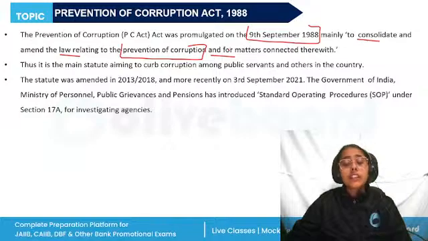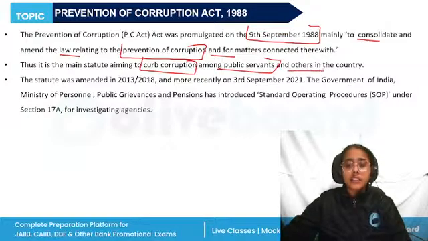Because of the high prevalence of corruption in our nation, this act came into force and all the previous acts or laws were now consolidated. So this is the main statute aiming to curb corruption among the public servants and others in the country.